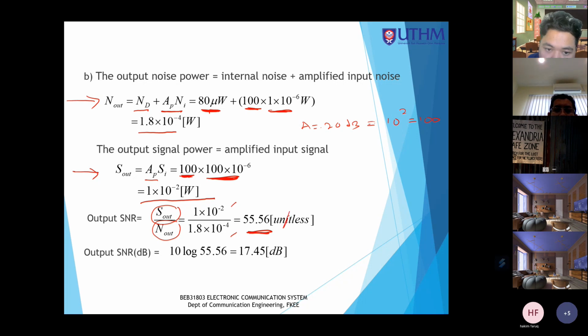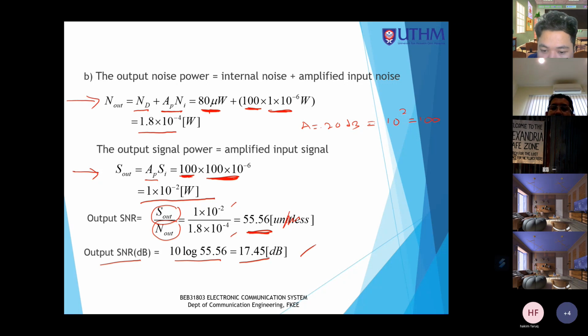Okay, ini tak perlu tulis pun tak apa sebenarnya. Kita fahamlah 55.56 tanpa unit. Okay, so output SNR is equal to 10 log, ini kalau dalam sebutan decibel. So 10 log 55.56, so we get 17.45 dB. Okay, so selesai mencari output SNR.